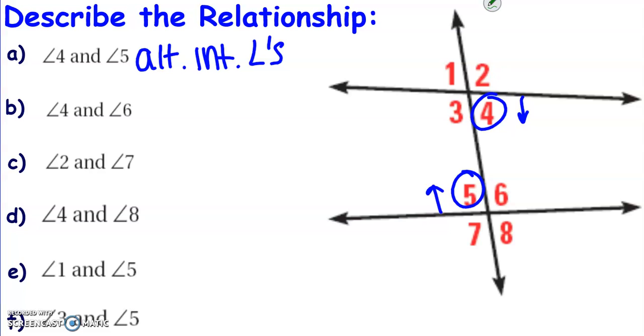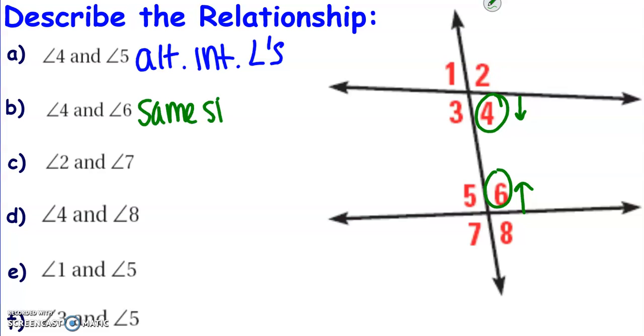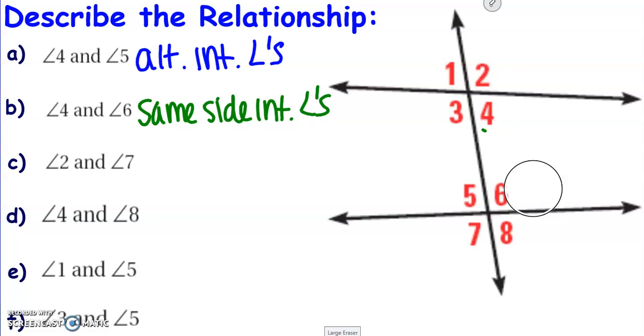Let's look at angle 4 and angle 6. These are on the inside of the two lines and they're on the same side of the transversal. So these are called same side interior angles. Angle 2 and angle 7.